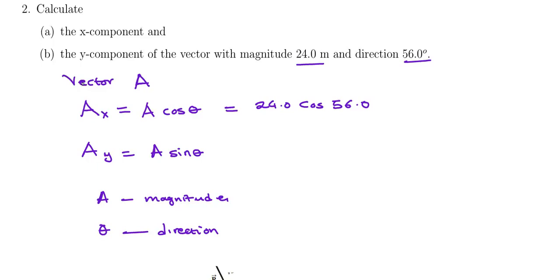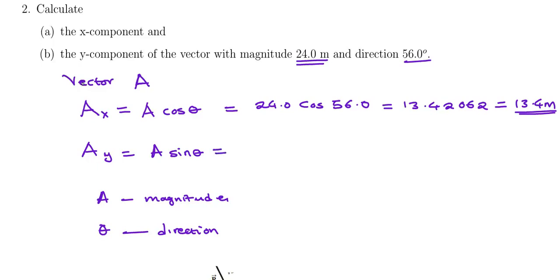Mine is giving me 13.42062. Now we are going to leave this with respect to the magnitude's significant figures. We've got 3 significant figures, so this one is going to remain as 13.4 meters. This is the x component.